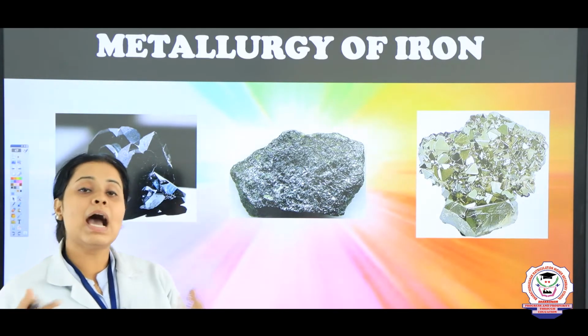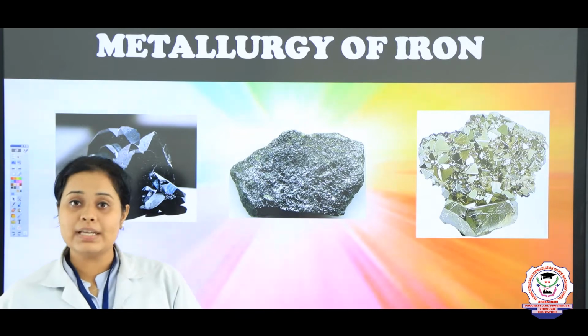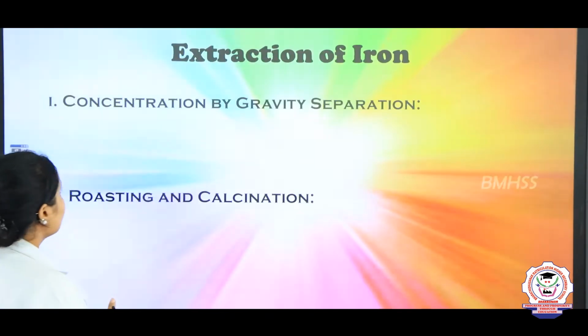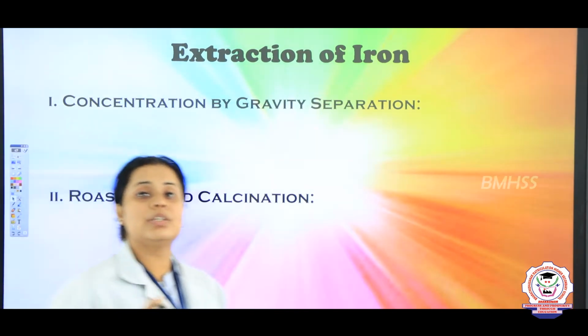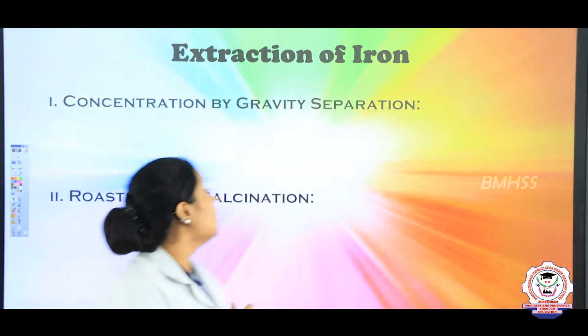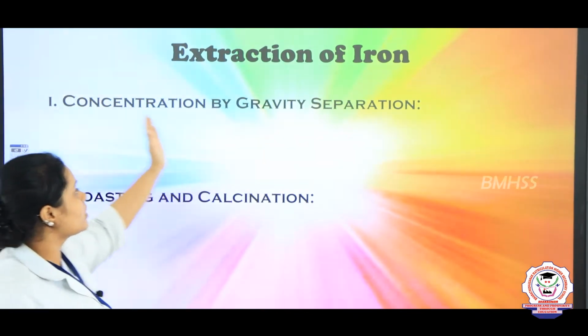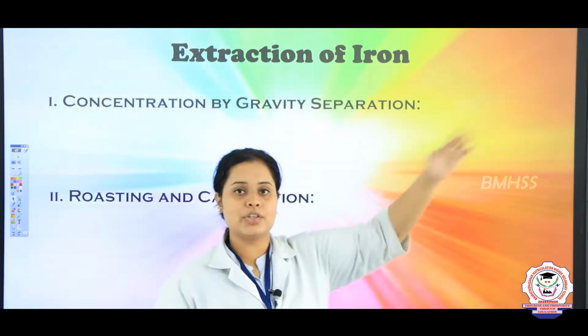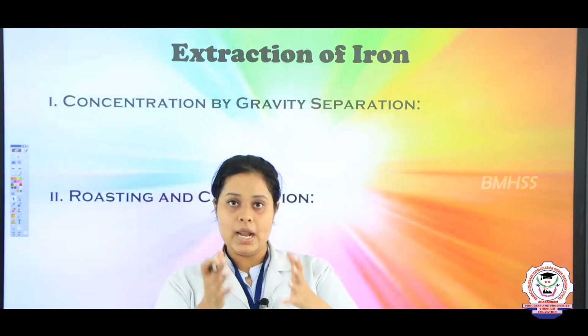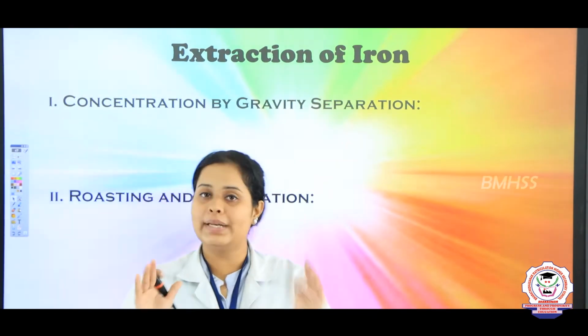So let's see how we can take the hematite and purify it. Now you need to find how we do the extraction. The first process is concentration by gravity separation. You take the ore and grind it very nicely.